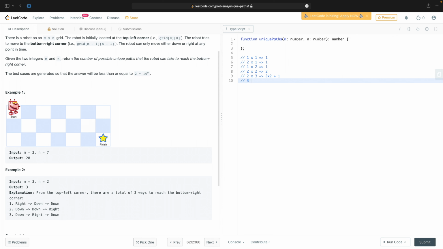Whereas if it's a 3 by 2, if you go down, you're in a 2 by 2 again. Goodness gracious, motorbikes. If you go across, you then need to go down, but there's only one way to go.